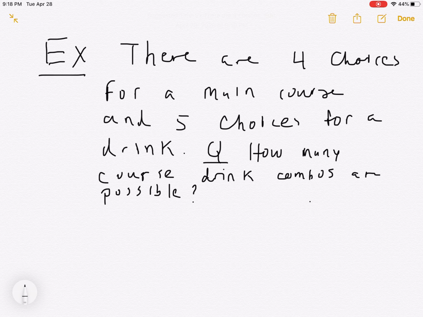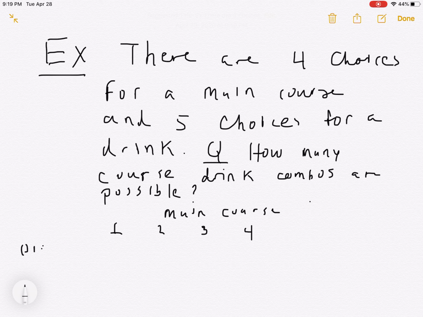So if I was to write down an option, here there was main course, and they could have choice 1, choice 2, choice 3, or choice 4.